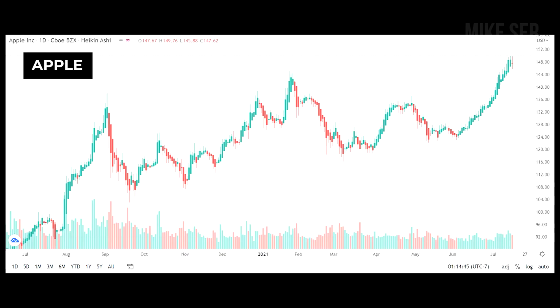Here's a chart of Apple using Heikin Ashi charts. Again, let's take an analysis of this. You can see Apple stock is very, very strong, and then very, very weak, very, very strong, very, very weak. It's basically going up and down here, very strong and then a big pullback, very strong, pulling back down here, very strong, pulling back down here. And ever since June 21st, you can see here almost every day is a green bar.